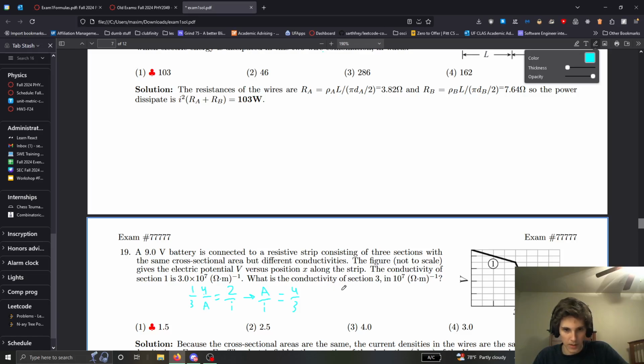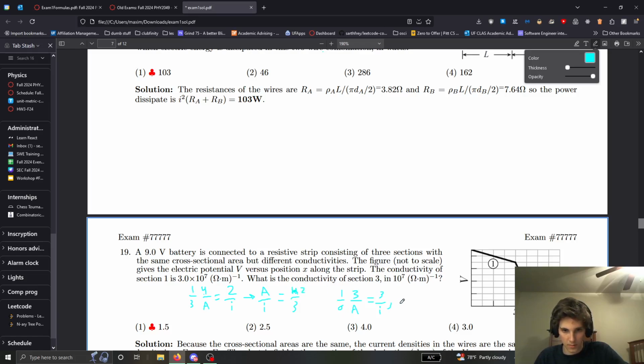Oh yeah, we want 1 over the conductivity, which is equal to the length, which is 3, over the area, and it's equal to the difference in voltage, 3 over I. A over I, or sorry, this is not 4/3, this is 2/3.